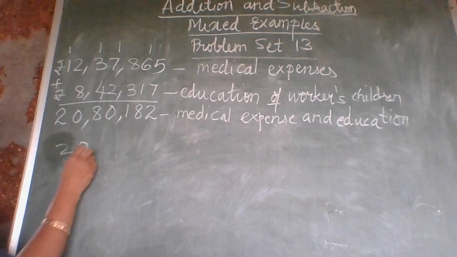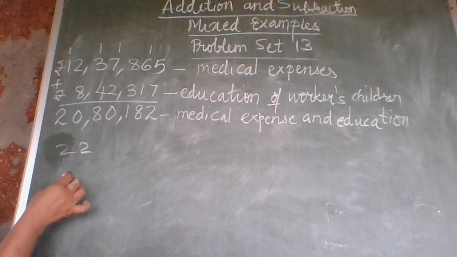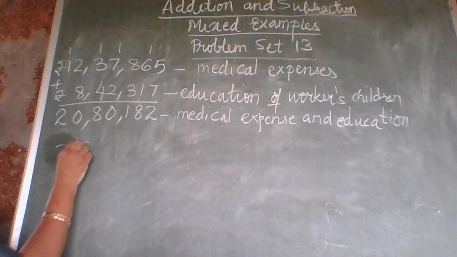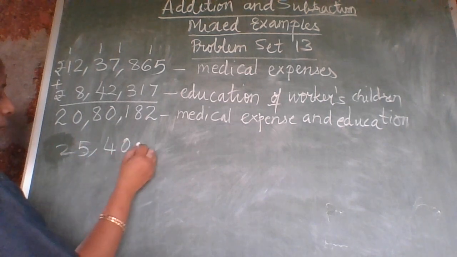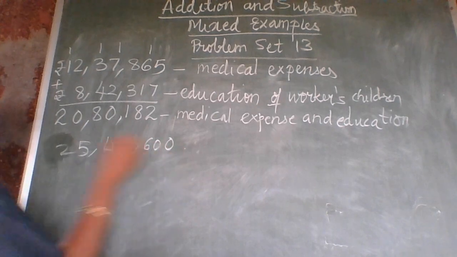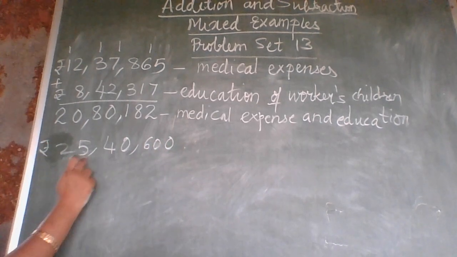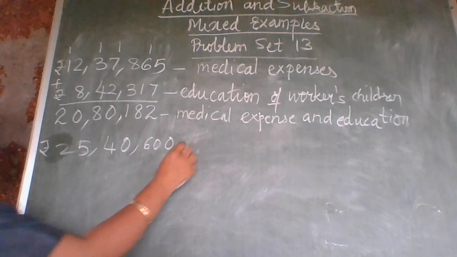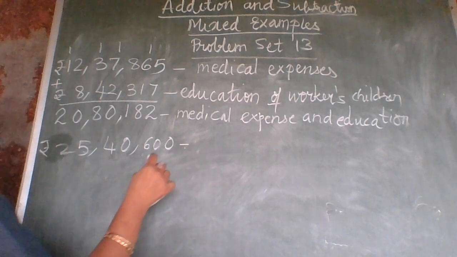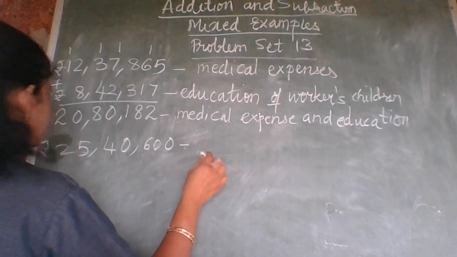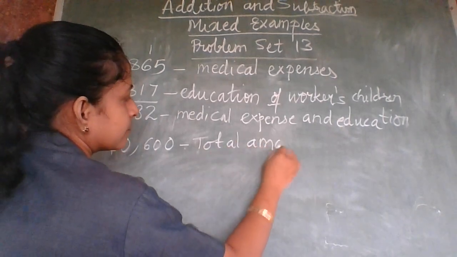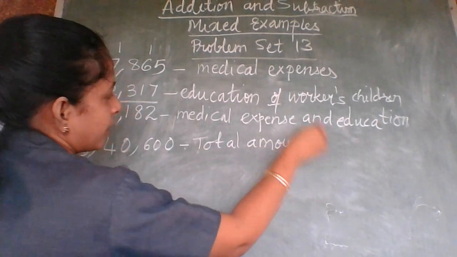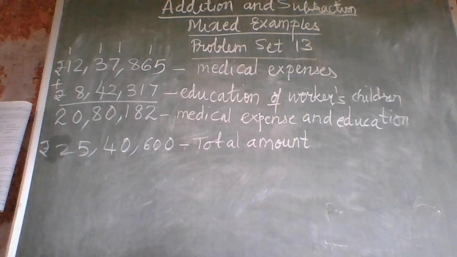So 25 lakh 40,600 rupees. Okay, so this was 25 lakh 40,600 rupees was the total amount which is spent on the workers or labor welfare fund, okay.